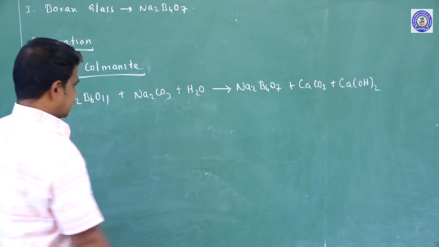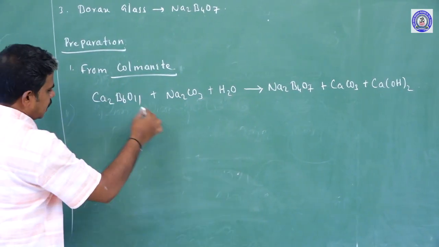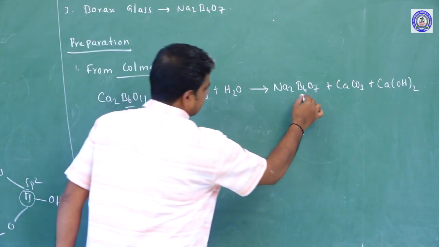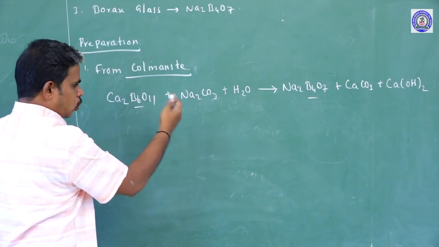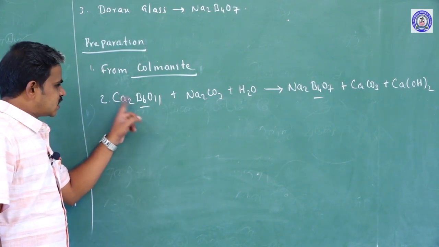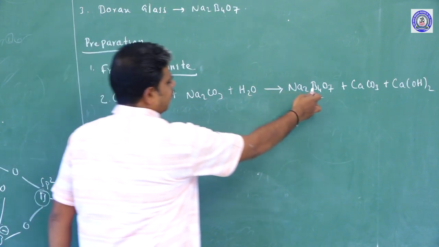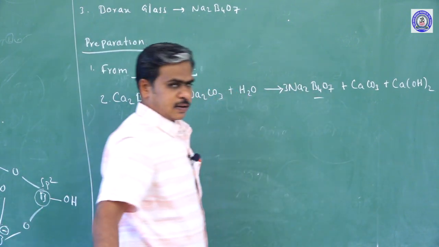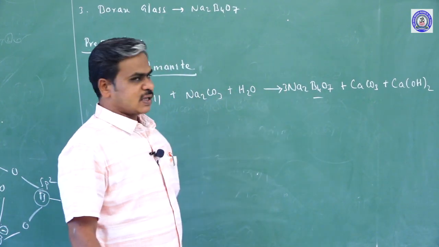Now we want to balance it. Here there are 6 boron and here 4 boron. To balance it, we take 2 here, so 2 into 6 is 12, and here 3, so 3 into 4 is 12.